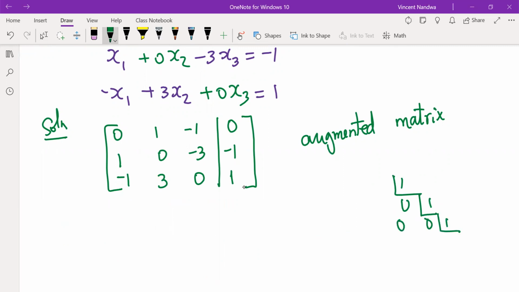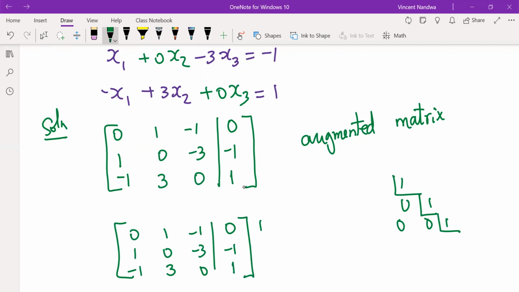Now, since this is not 1, we can always interchange row 1 and row 2. So we can say 0, 1, -1, 0; 1, 0, -3, -1; -1, 3, 0, 1. Row 1 will be row 2, and row 2 will be row 1, and then row 3 remains row 3.